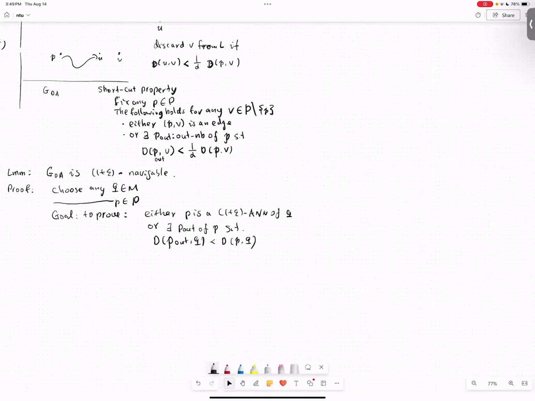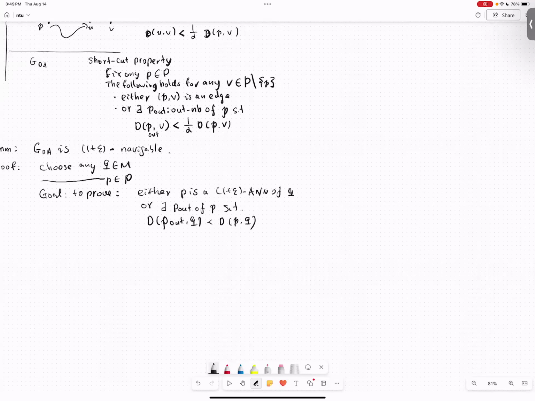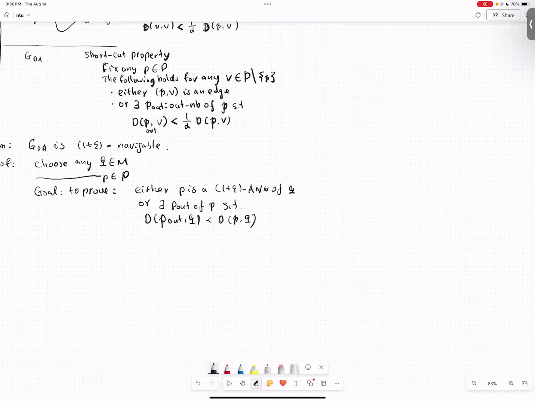Now you can see if P is already a 1 plus epsilon ANN of Q, there's nothing to prove, because it trivially already satisfies the condition. So in our subsequent discussion, it suffices to consider the case where P is not a 1 plus epsilon ANN of Q. Good.